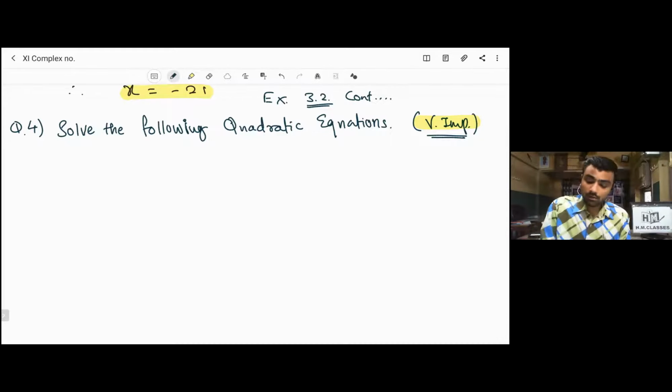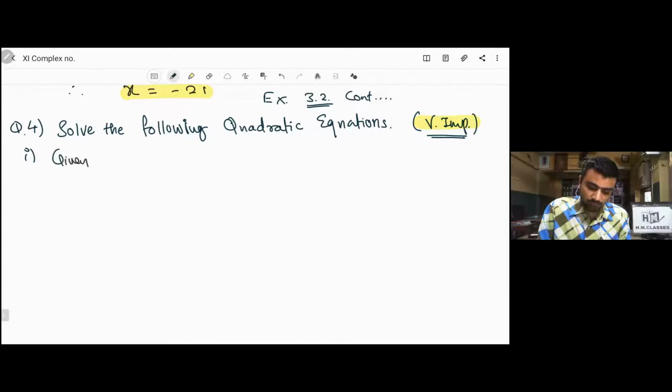Now in this fourth also you will see the same type of question, again a quadratic equation will be provided to you, but while proceeding you'll find that we need something additional as compared to the last types of questions. You can notice that. Let me start with the first question.